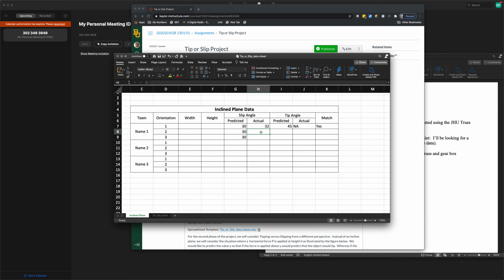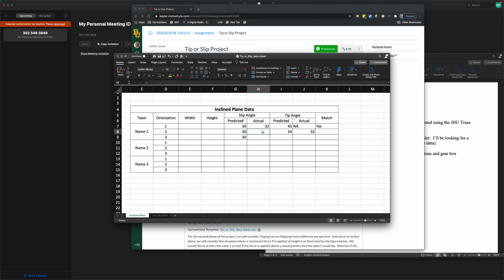All right, so here's what could go wrong. Let's say that we had an orientation where the tip angle is pretty close to the slip angle. Maybe it's 34 degrees. Okay. So it could be that this is still predicting that it's going to slip because this angle is smaller than this angle. Well, let's say things happened and it actually tipped before it slipped, so maybe it tips at 32 degrees.